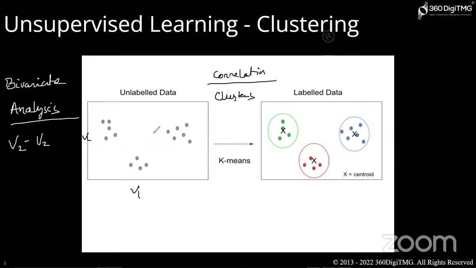Suppose this kind of data it gave us. We can see that these data are closer, these data are closer, and these are also closer. So what we can do is cluster them together. Using k-means we can cluster them together.